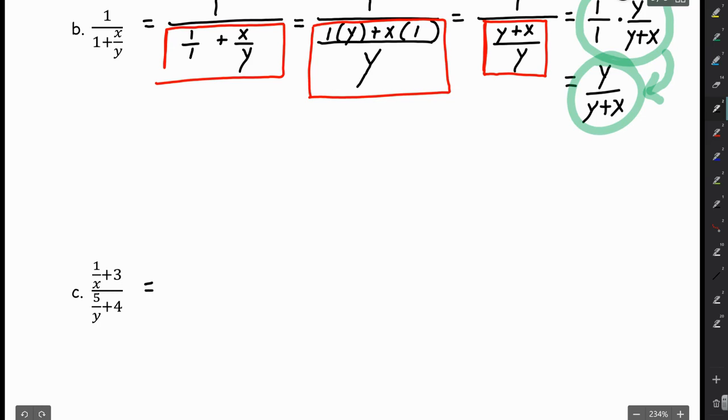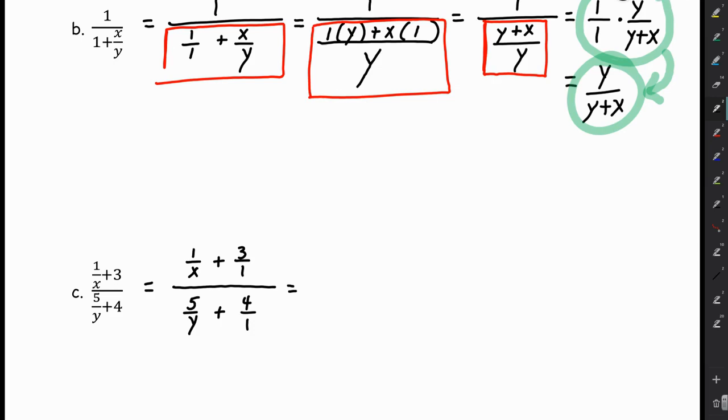So we have a numerator and a denominator where we need to find common denominators. So I'm going to rewrite the numerator. It's 1 over x and 3 over 1, just to get me started. And then I'm going to write 5 over y plus 4 over 1. All right, so far so good.